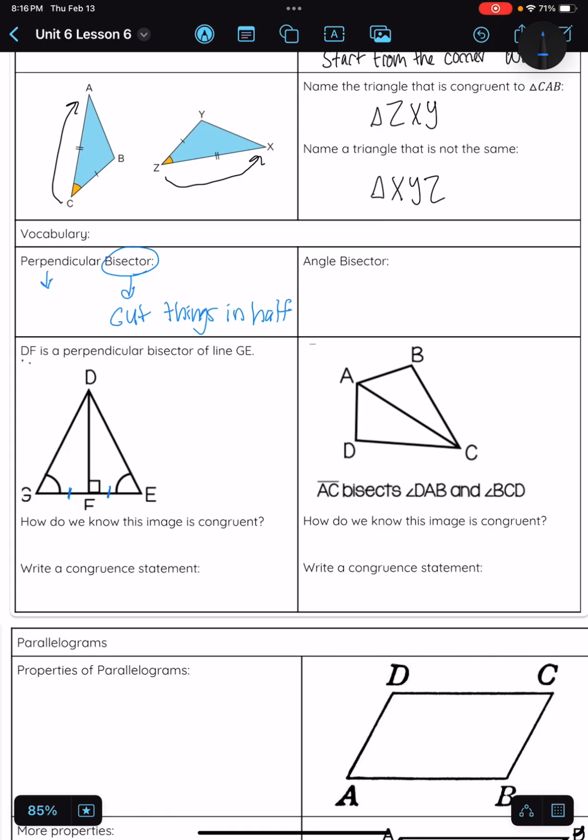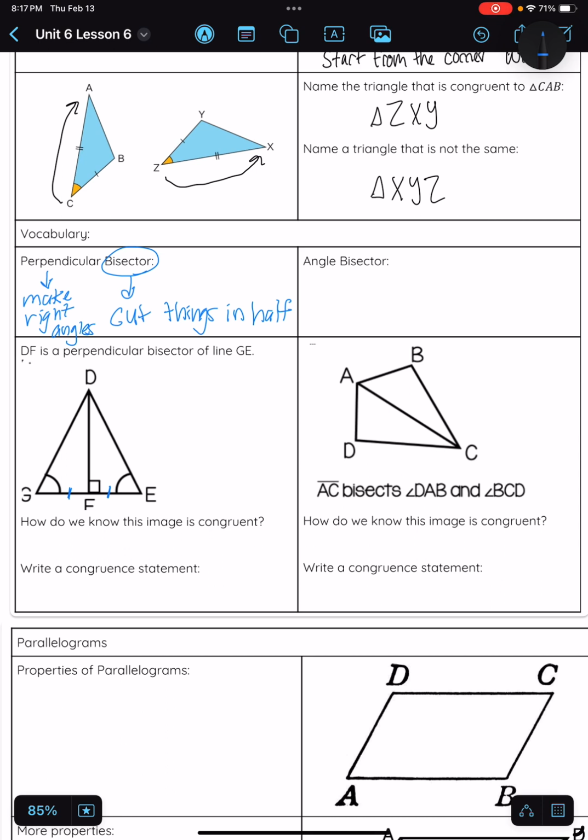Perpendicular means it makes right angles. So this and this is a perpendicular bisector, and I drew my little tick marks.